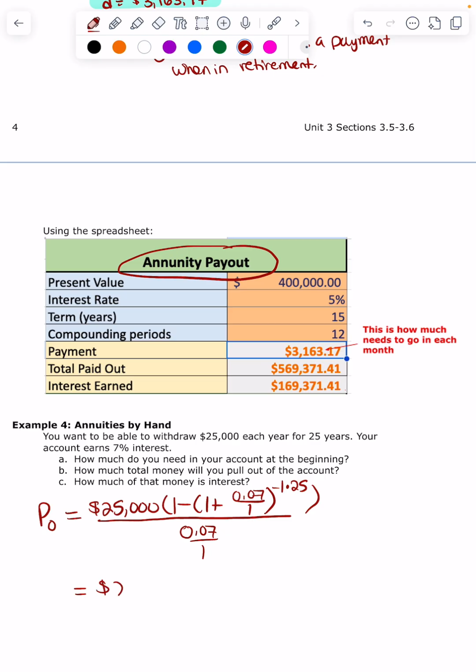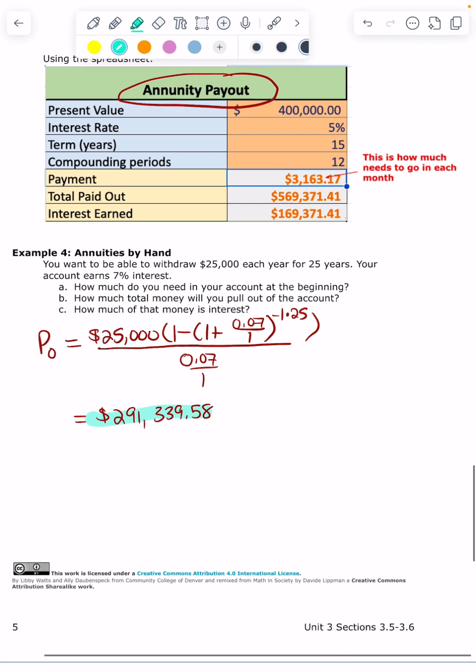So there needs to be $291,339.58 in the account in order to be able to do that.